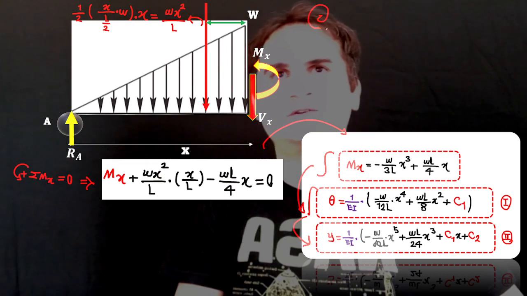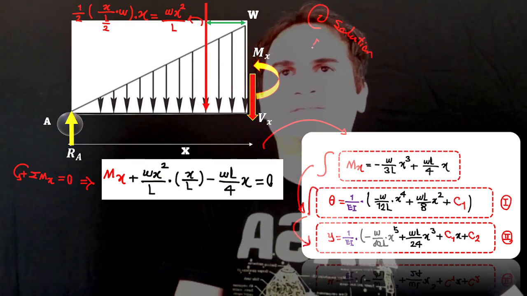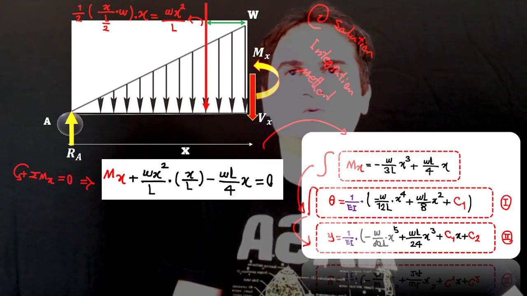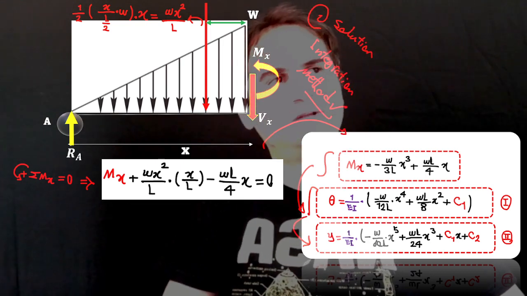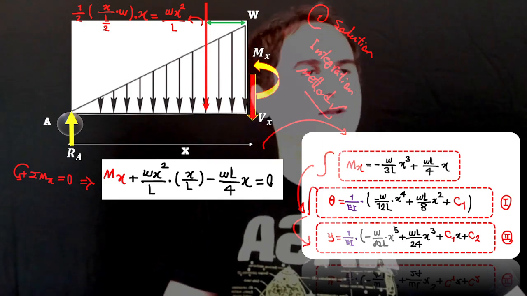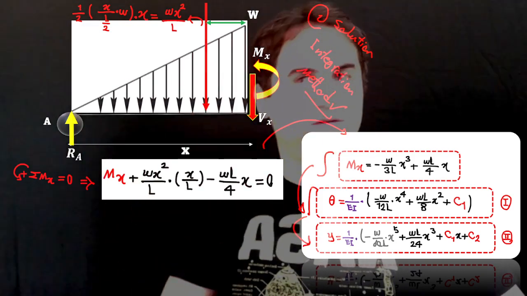This is our first solution, the integration method, which is the most conventional method to calculate theta and delta for any kind of beam, just by integrating the load or moment function.